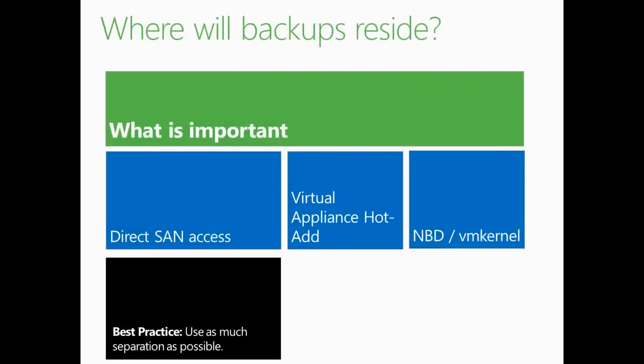When we talk about where our backups will reside, we have to answer the question of where they're going to go, but we also have to identify how they are going to get there. Now, in the VMware world we have 3 major options, specifically for very specific VMware technologies. There's a 4th option, and that's doing agent-based backups.